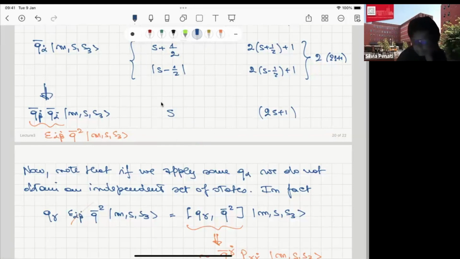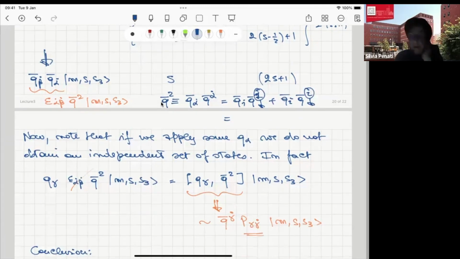Okay. I can even argue this in a different way. If you consider Q bar square, by definition, this is Q bar alpha dot Q bar alpha dot, which is Q bar 1 dot Q bar 1 dot plus Q bar 2 dot Q bar 2 dot. But if I move 1 dot and 2 dot down, I can do it using the epsilon tensor.